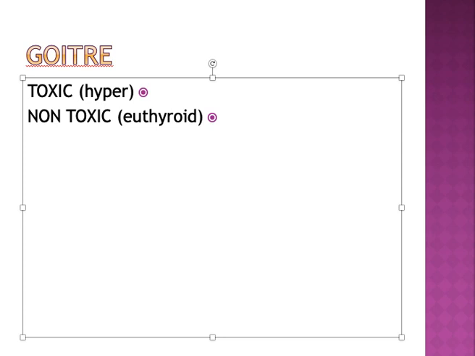So this is called non-toxic goiter. Now, one of the causes, by the way, there was a big campaign run many years before. Now everyone knows that iodine deficiency can give you goiter. So a very important cause of non-toxic goiter is iodine deficiency.